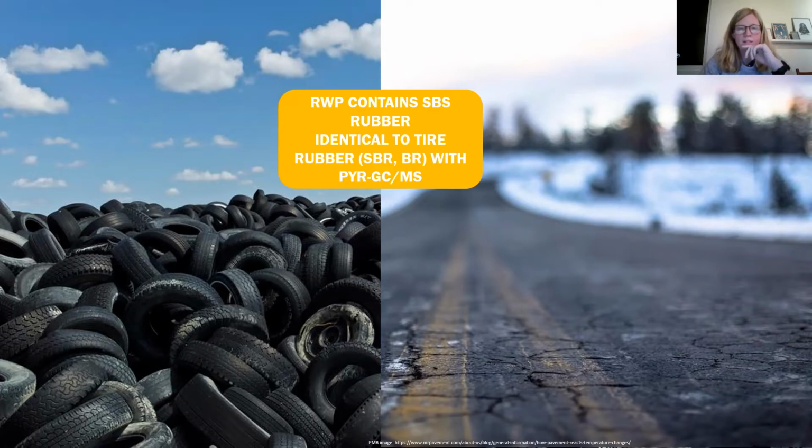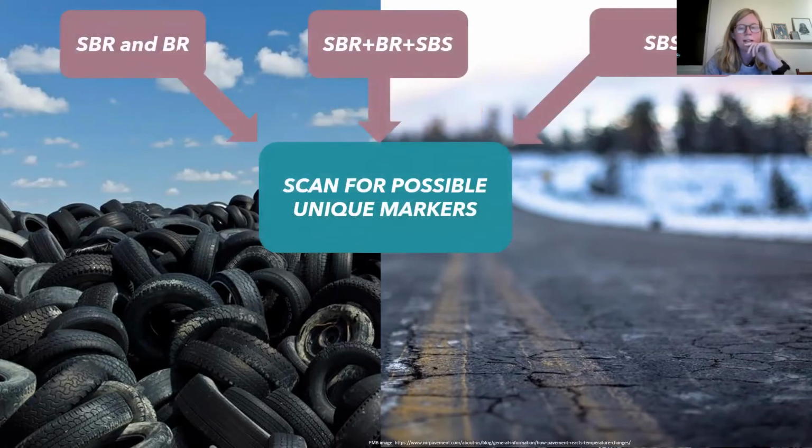Yeah, so we had this rubber containing SBS. We then wanted to try to figure out what we can do with this. So we analyzed SBR rubber and SBS rubber separately, and we also analyzed them in a mixture. And we scanned this for possible unique markers.